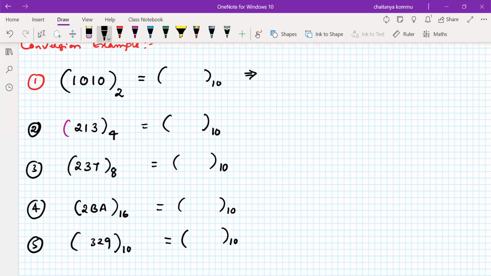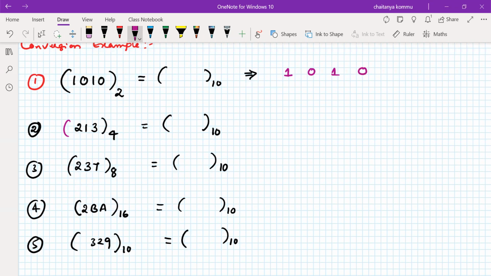If you want to convert this binary number system into a decimal number system, we just have to apply the weights of the same number system. What does it mean? For example, something like this: we have 1 here, we have 0, we have 1, we have 0.